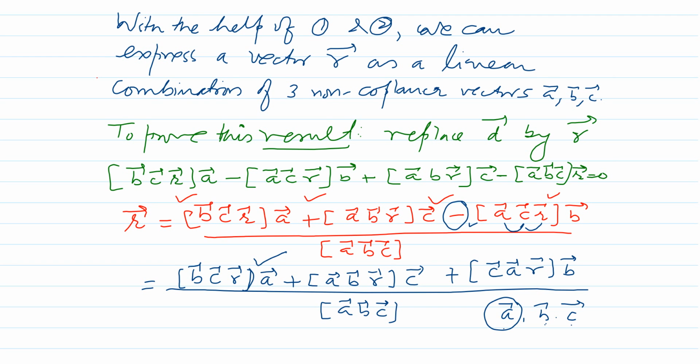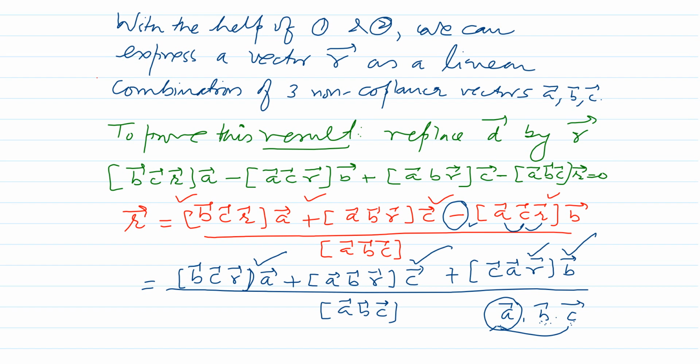And similarly, if you have A, B, C and you want to replace C, C is outside in this term and R is inside. And similarly, if you want to replace B, you can write C, A and then B. So B is outside in this term and R is there at its place.